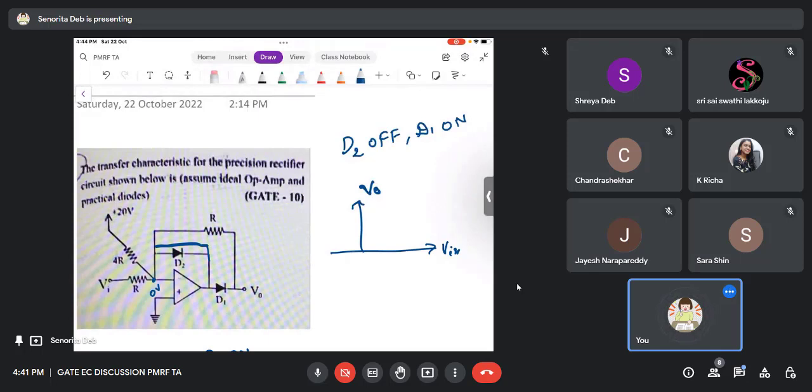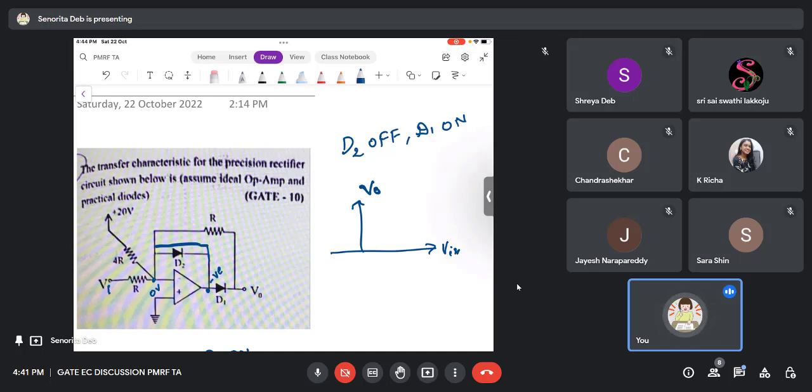Okay, so whatever is Vi, depending on that, D2 will either get on or off, right? So when will D2 get on? This one is 0 volts. D2 will only get on if this voltage here is negative, right? And if this voltage here is negative, D1 is off.